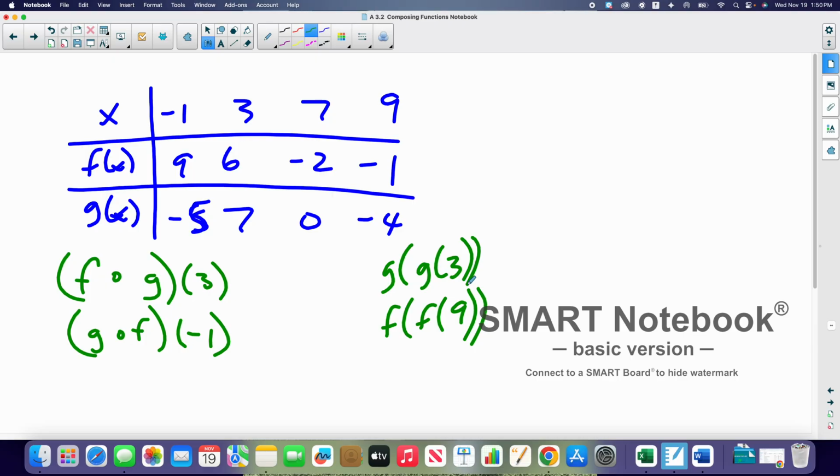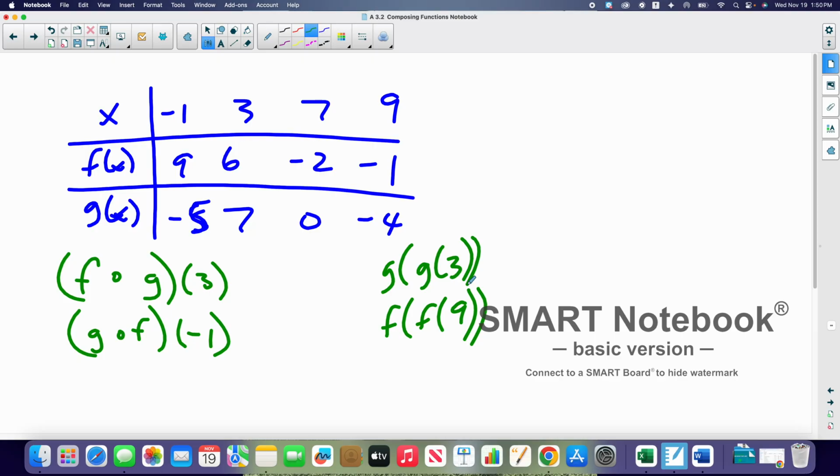And then when g of x is 7, that's f of x is 6. We're talking about the very first one. Yes, g of 3. I'm talking about g of g. Oh, g of 3. So when x is 3, g is 7.